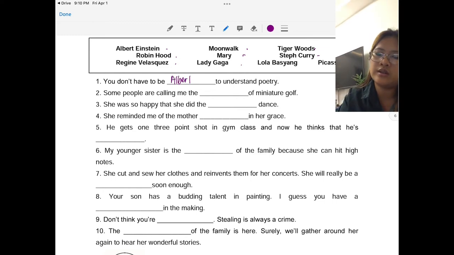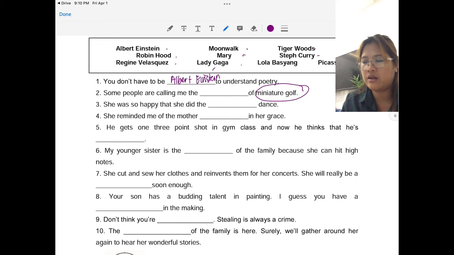So we could consider Albert Einstein here. "Some people are calling me the blank of miniature golf." We could connect miniature golf with someone who's good in golf: Tiger Woods.